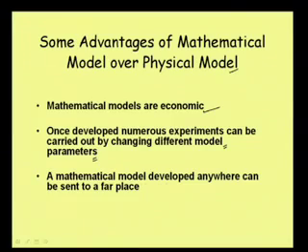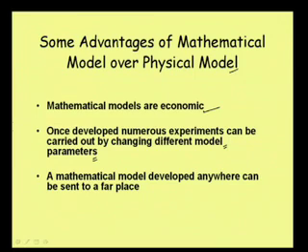Then a mathematical model developed anywhere can be sent to a far place. If we are developing a model in IIT Guwahati, that can be sent to any other place simply through the web now. So that is one great advantage.